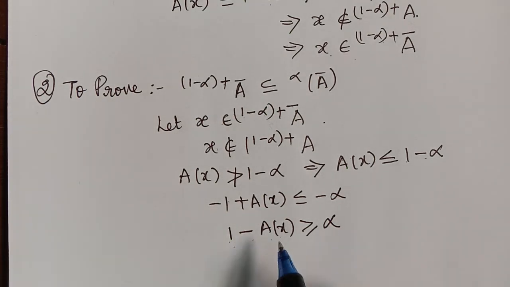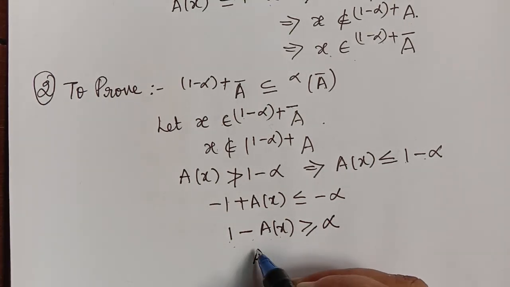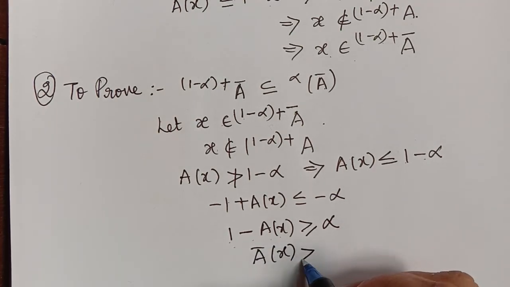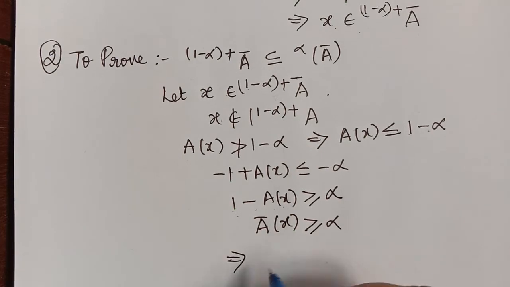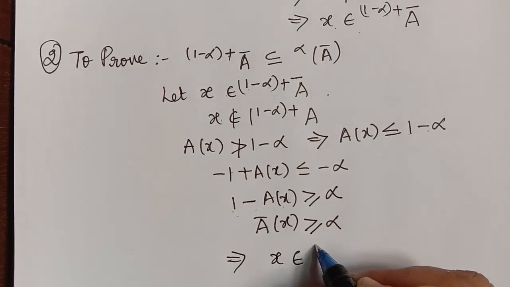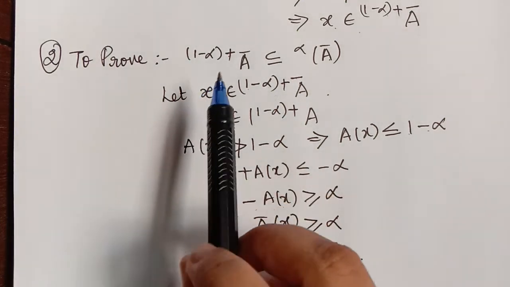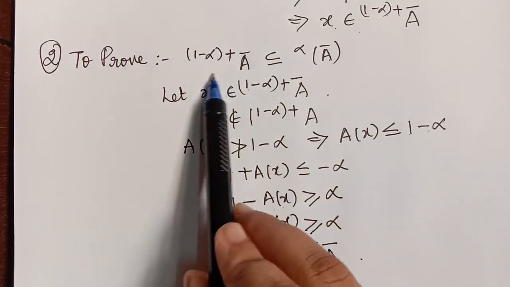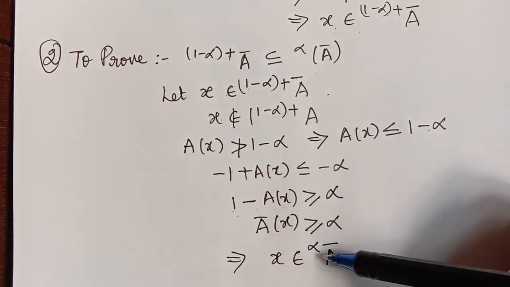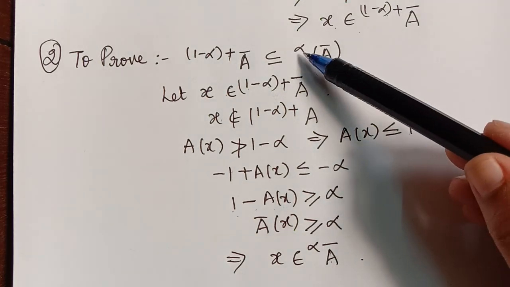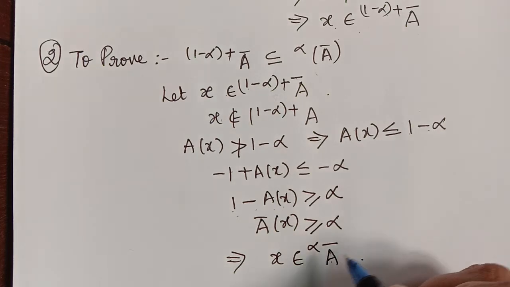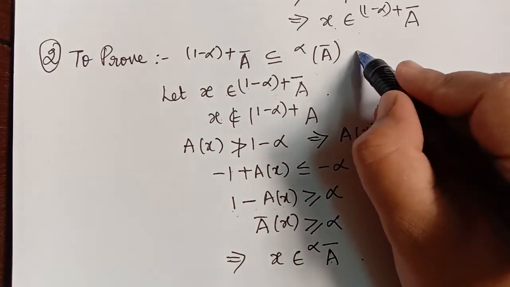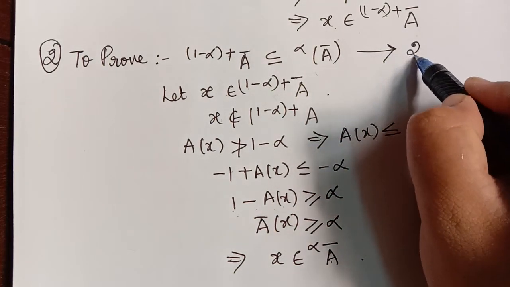But what is 1 minus A of x? A complement. So A complement of x is greater than or equal to alpha, and this implies that x is an element of the alpha cut of A complement. And we started with an element in this set, and we have proved that it is also an element of the alpha cut of A complement, and hence we are done with the second part of the proof, that is the second step.